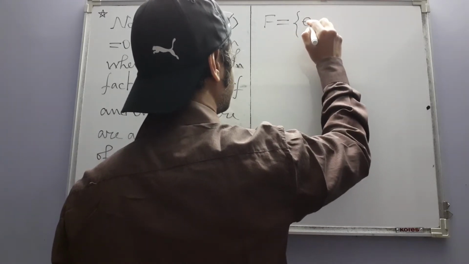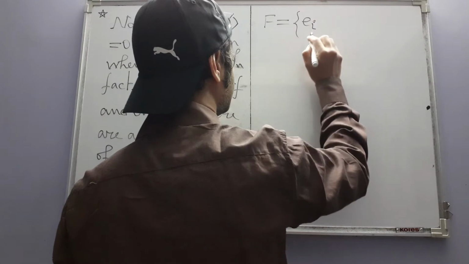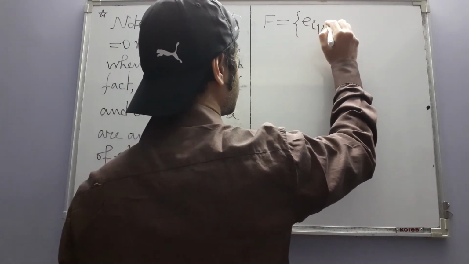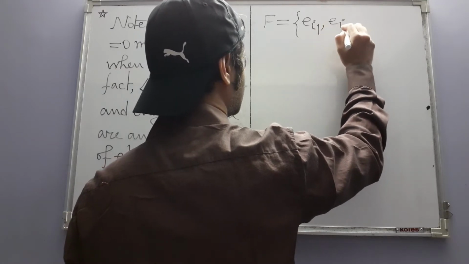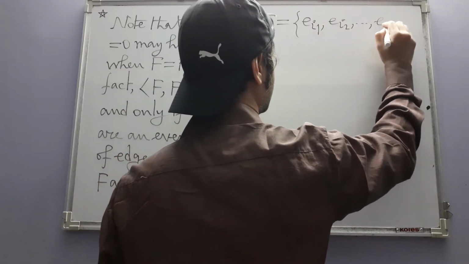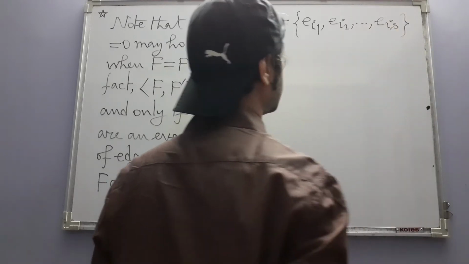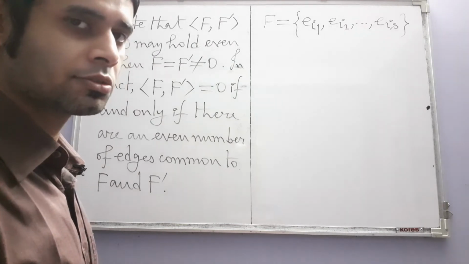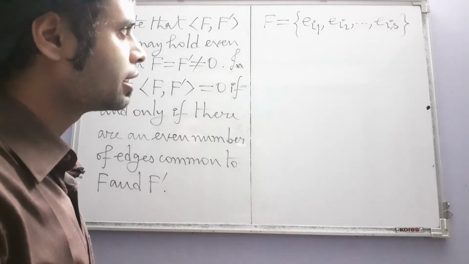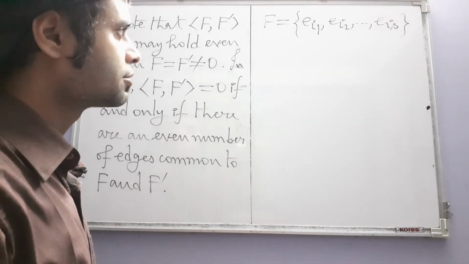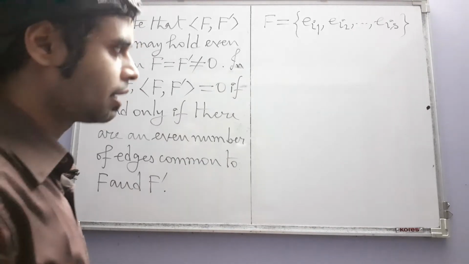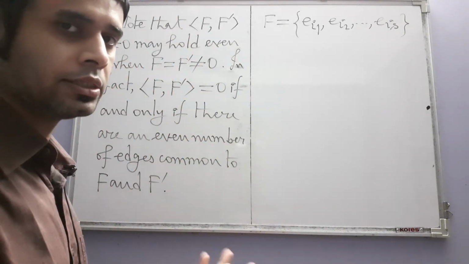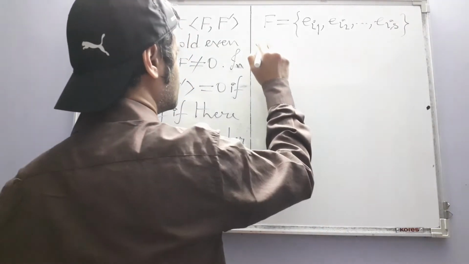Say we have e_{i1}, because we don't know which of the edges will be in F, so let me just write like this: e_{i2}, e_{is}, where s is of course less than or equal to m, the total number of edges, and all these subscript values i1, i2, ..., is are some integers from 1 through m.